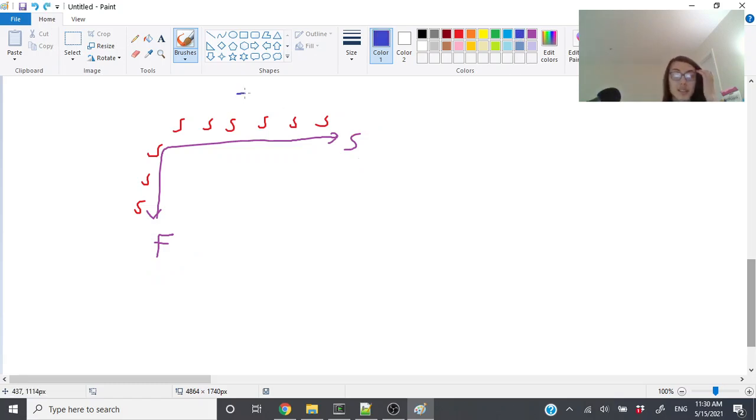If not, say there's some F here, then we could do this swap and it'll be better, so we don't care about this swap. In fact, we can do this swap and then that swap, and then it would be better. I think.